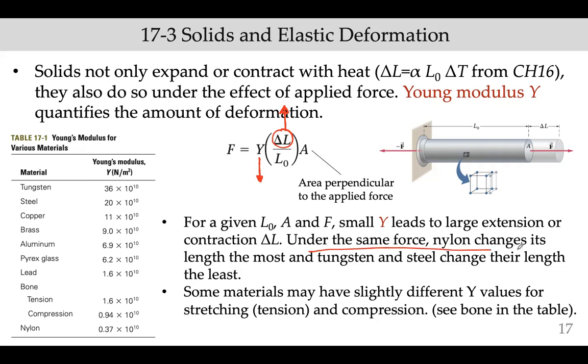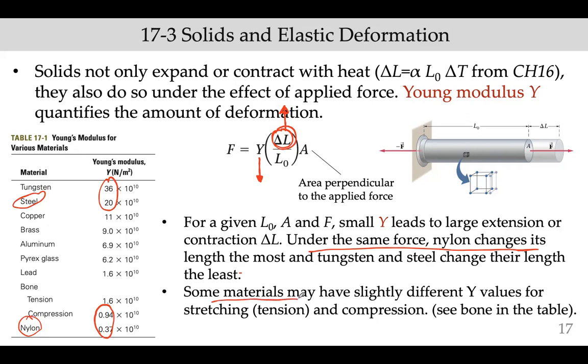So under the same force, nylon changes its length the most, and tungsten and steel change their length the least. Why? Because if the Young modulus is small, the deformation becomes maximum. Nylon and bone are the smallest in this table, and tungsten and steel are the highest. And we know that nylon deforms more than steel.